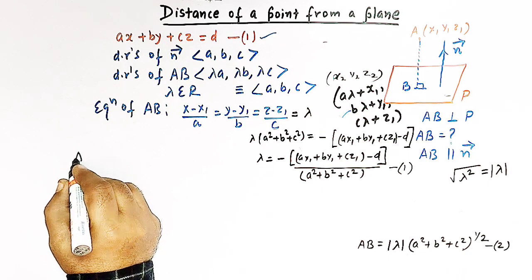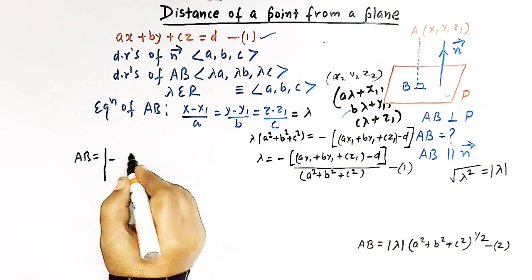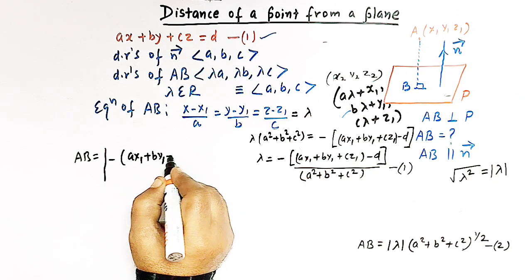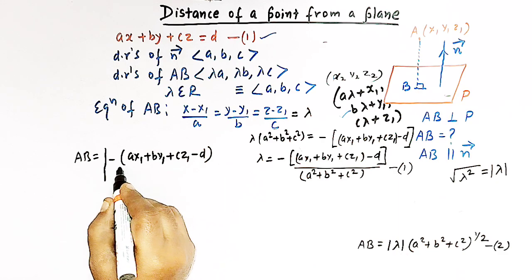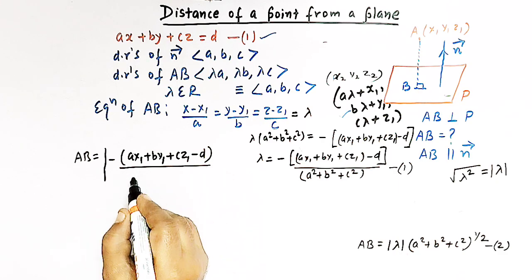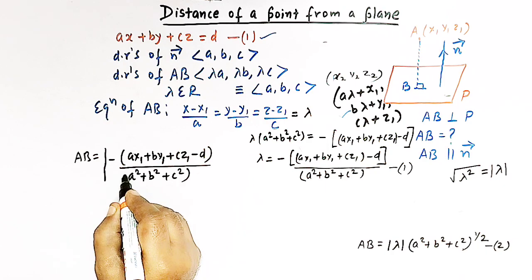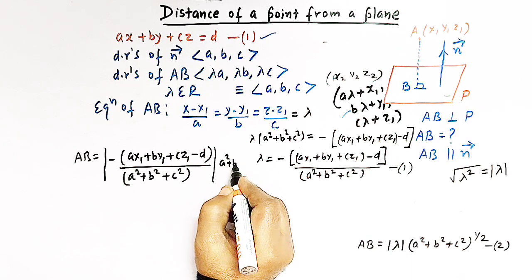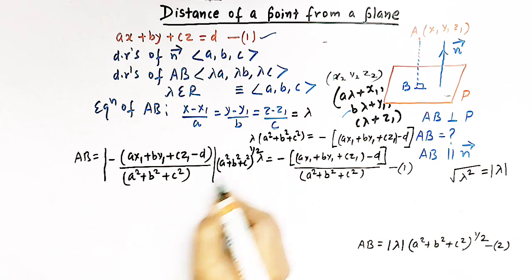So now AB is given by absolute value of lambda, and lambda is negative of ax1 plus by1 plus cz1 minus d, divided by a square plus b square plus c square, and then here we have the term a square plus b square plus c square raised to half, right?